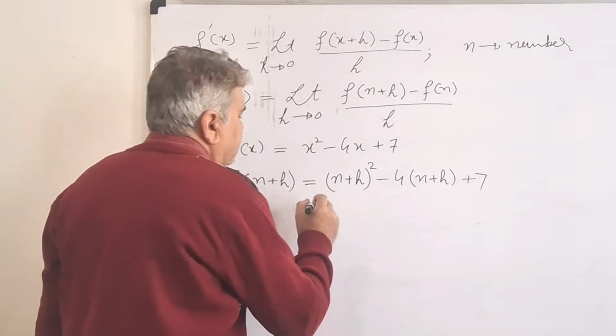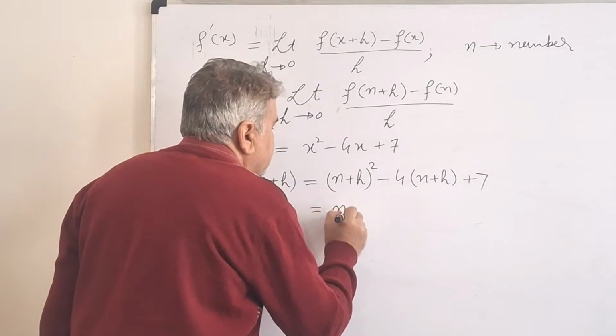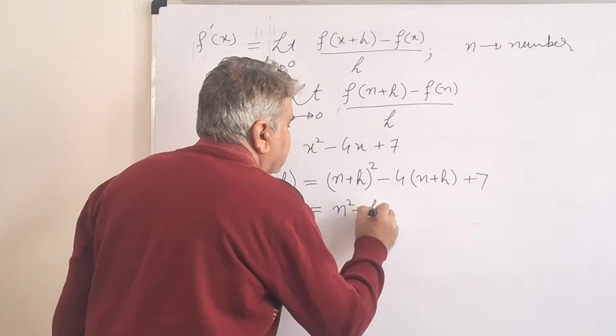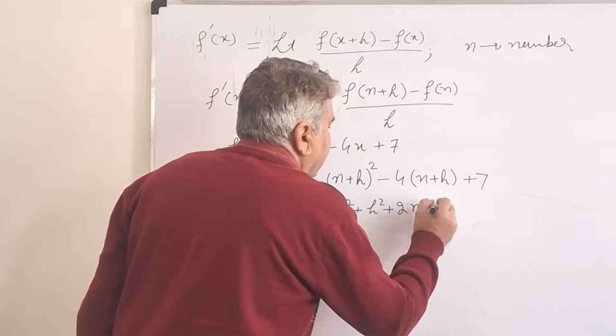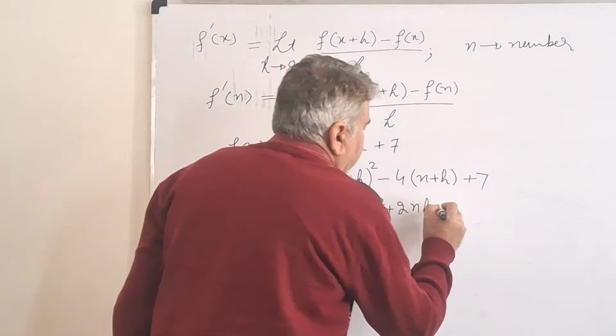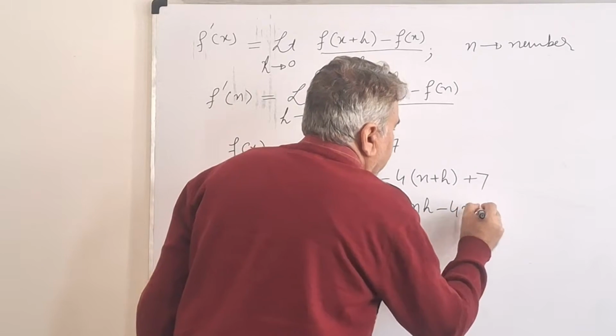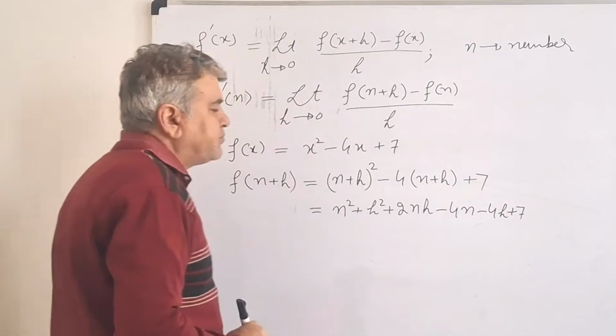I can simplify this by using the square formula. I can write this as n squared plus h squared plus 2 times n times h, and removing the bracket, in this term I can write minus 4 times n minus 4 times h plus 7.